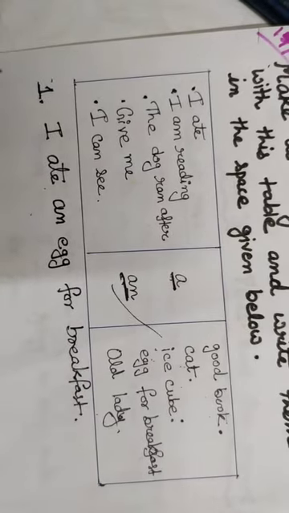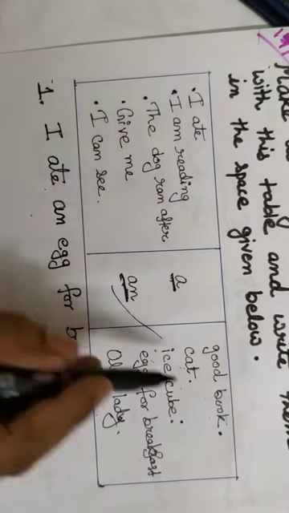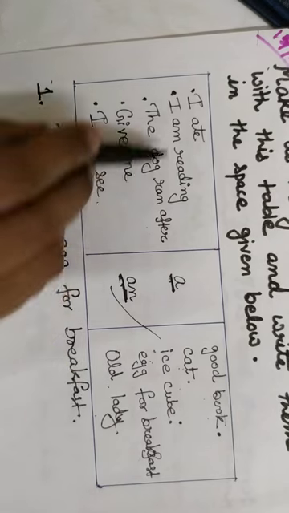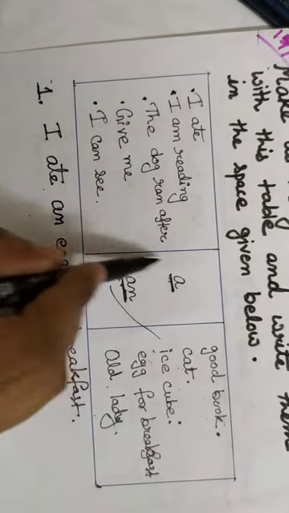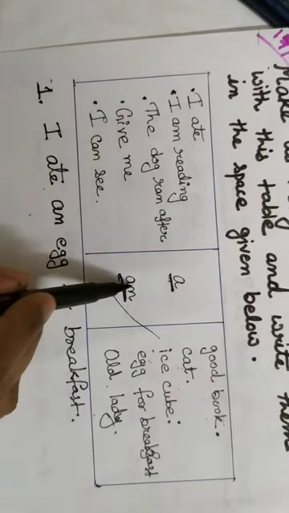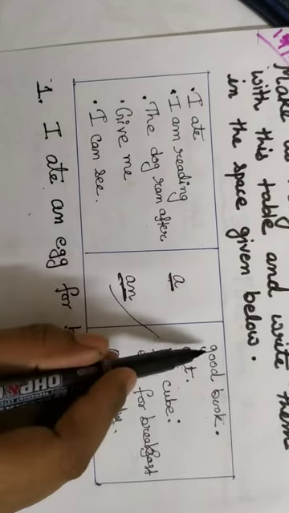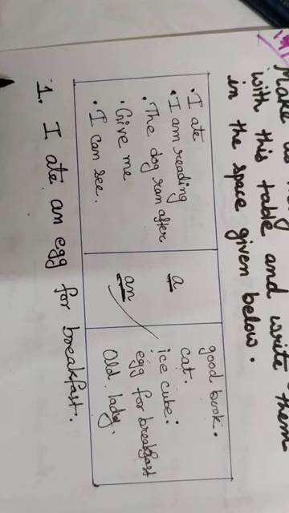Okay? Again, I am reading. What to read? Only one thing is there to read. I am reading a good book or I am reading an good book. बिना इसको लिए आप sentence complete नहीं कीजिएगा. Okay? Without taking these a or an, you will not complete the sentence. I am reading a good book.